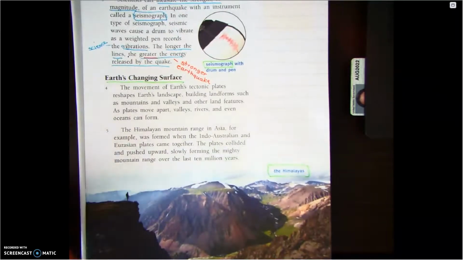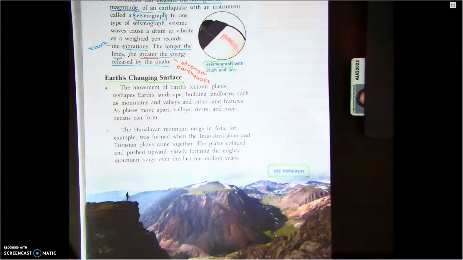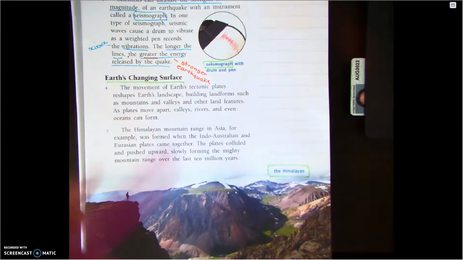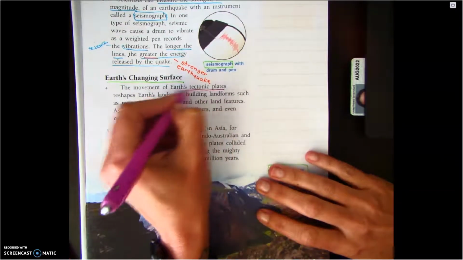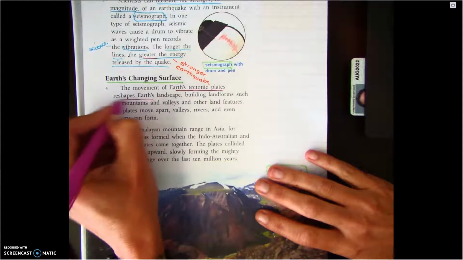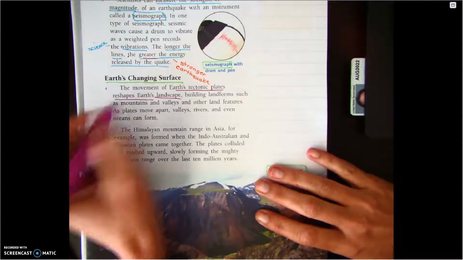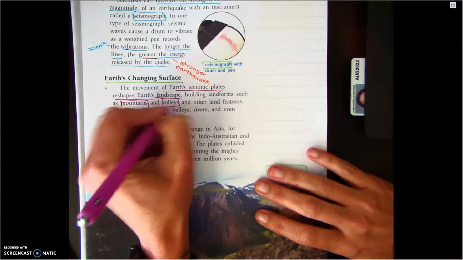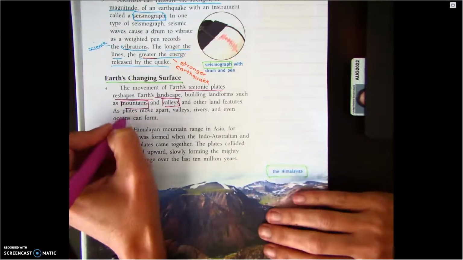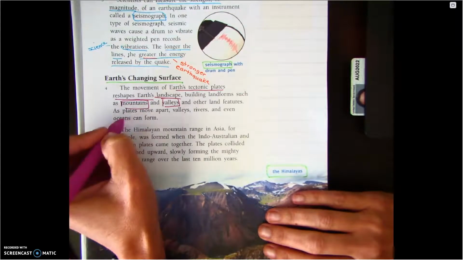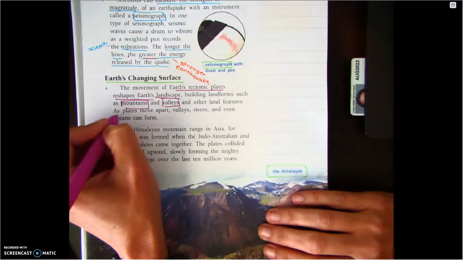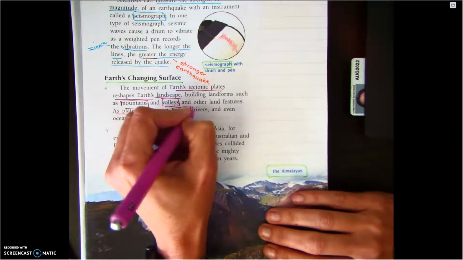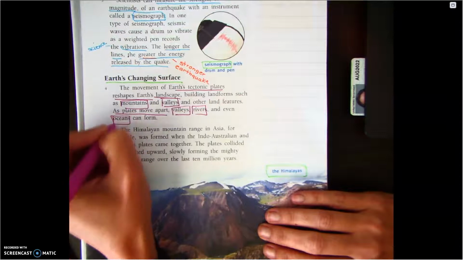All right, Earth's changing surfaces. The movement of the Earth's tectonic plates reshapes the Earth's landscapes, building landforms such as mountains and valleys and other land features. As the plates move apart, valleys, rivers, and even oceans can form.